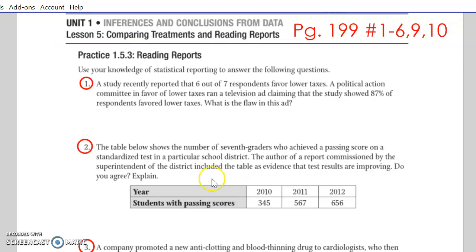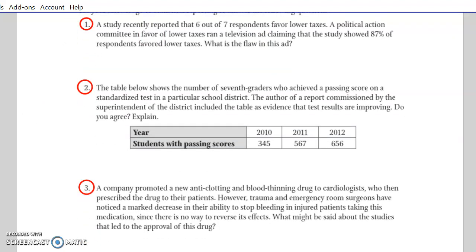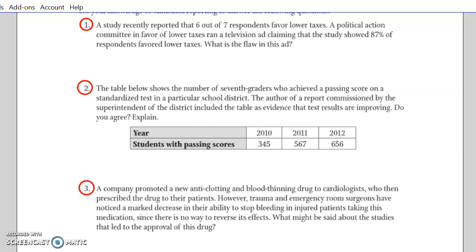Also, if you can, on pages 199 and 200, the following problems are really good: 1 through 6, 9 and 10. So basically skip 7 and 8. Those aren't really relevant to what we're trying to accomplish. I'll show you the problems in case you don't have your workbook.